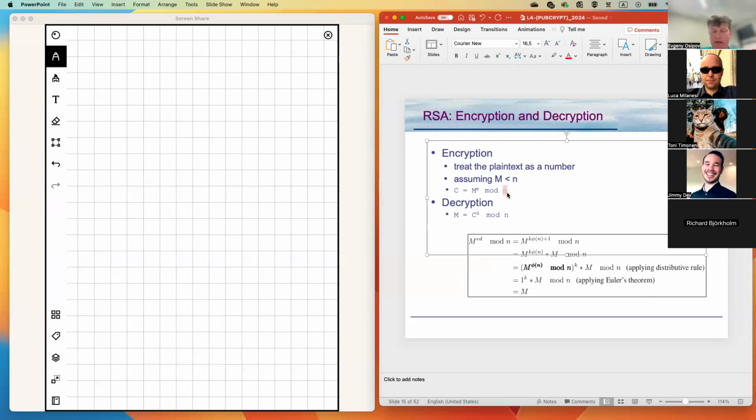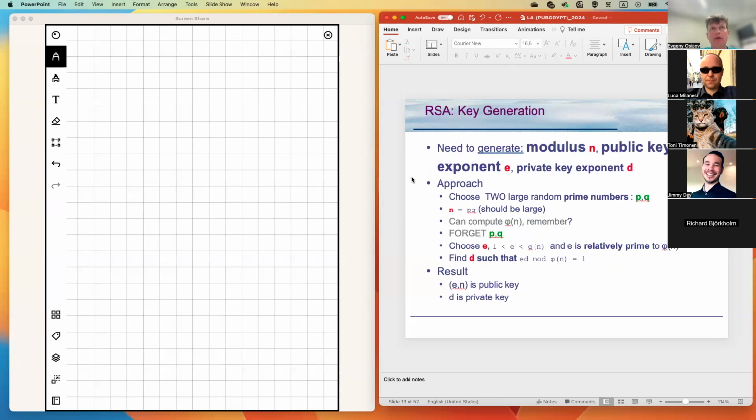The way they are related is described here. You generate n as a product, a multiplication, of two large prime numbers.